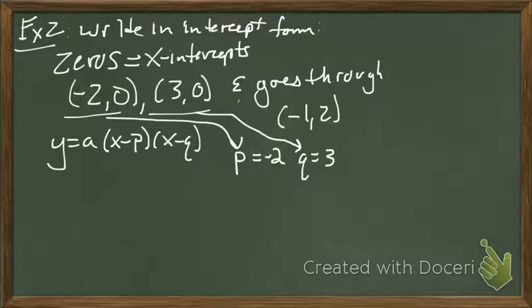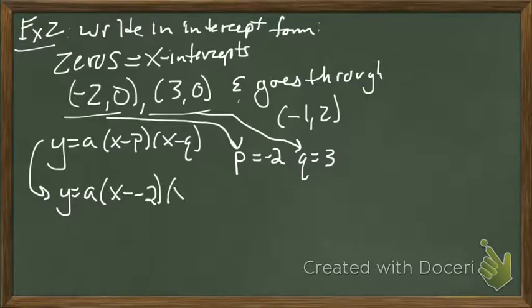I'm going to substitute the values of p and q into intercept form, and I'm going to get y equals a times (x minus negative 2) times (x minus 3). Now, be careful here. If I substitute a negative, I'm going to have a double negative. This is really x plus 2. A common mistake students make is forgetting that the double negative makes a positive.